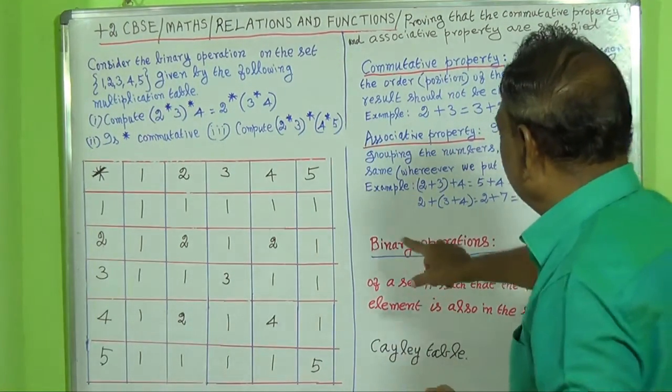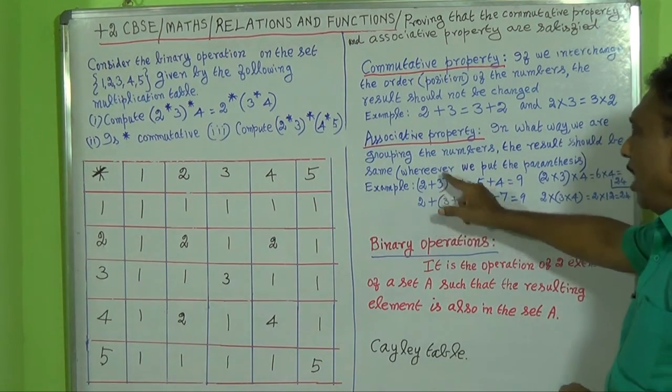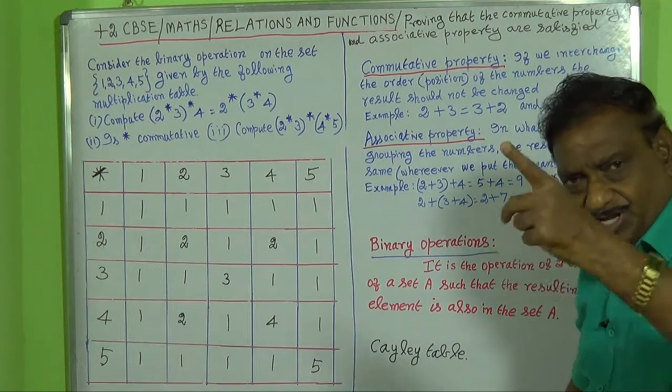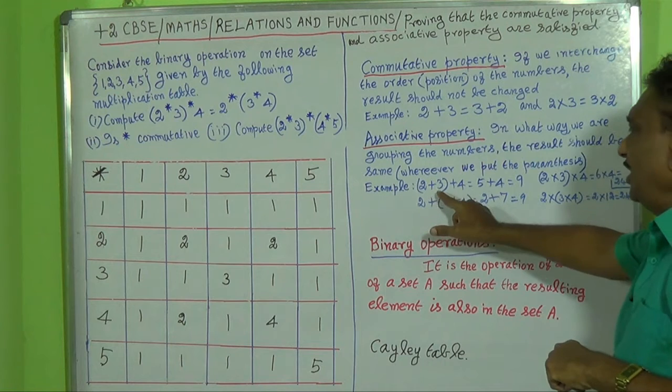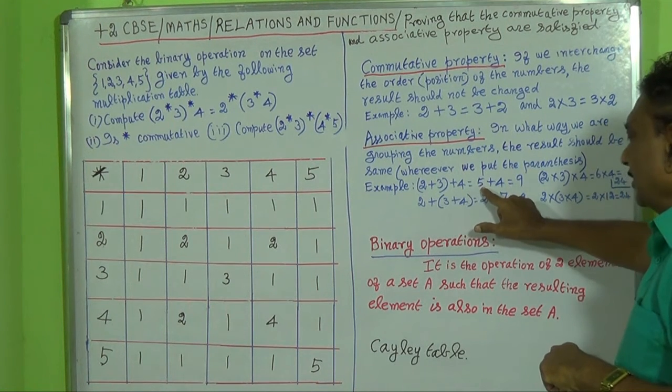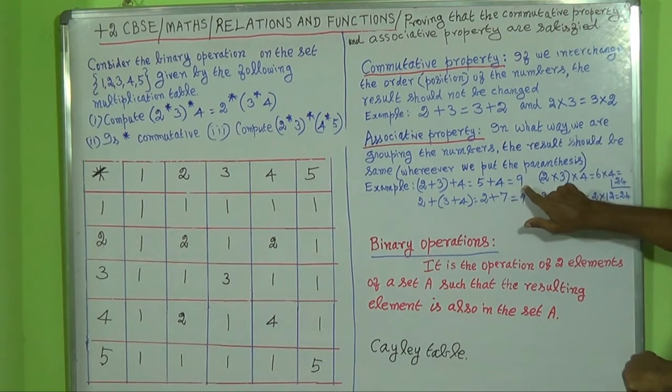For example, we add 2 with 3. 2 plus 3 equals 5. Then if we add 4 to this 5, we get 9.